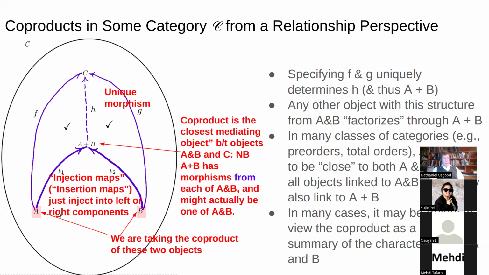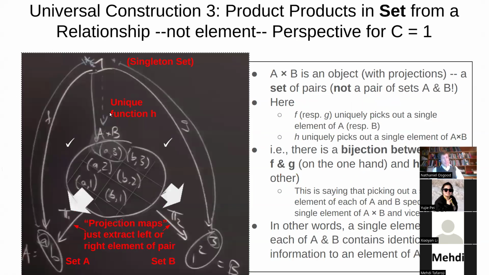There can be others that have a way of representing things from A and B side by side, but this is the best one in the sense that any other can be expressed in terms of this uniquely, such that this can be used, right? And similarly for this.